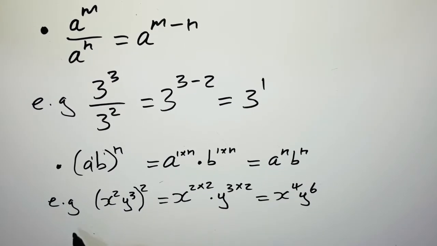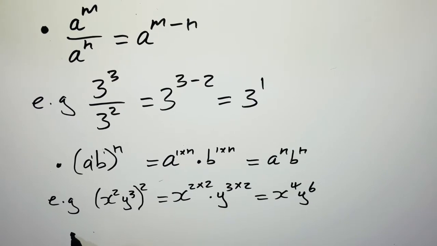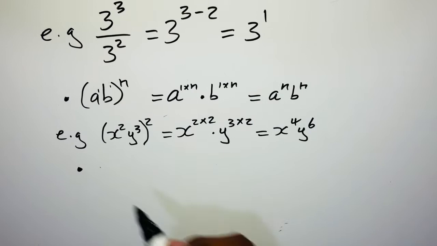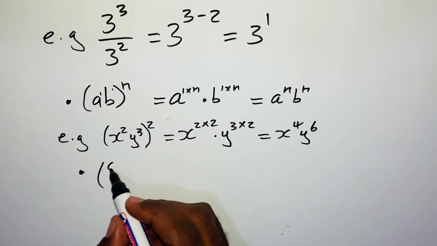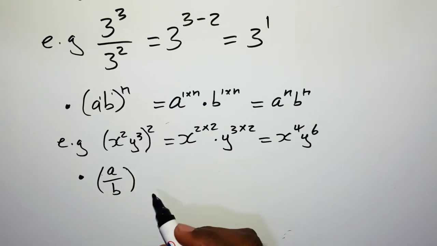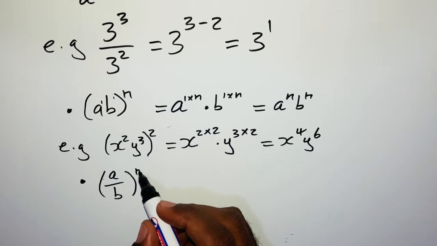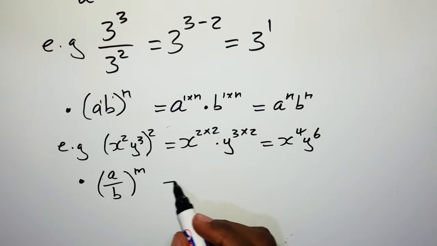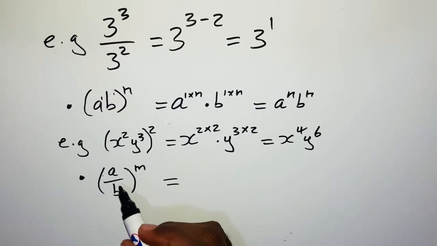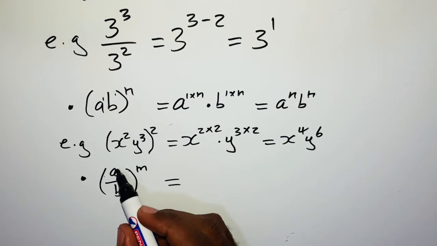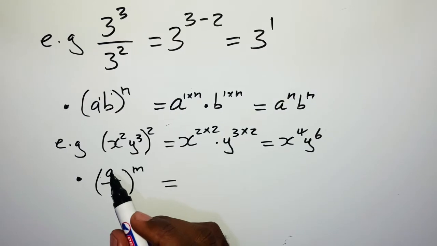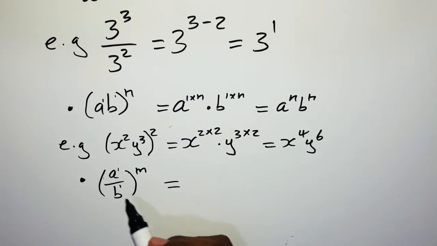Then we go on to our fourth law, which states that if you were to have a over b to the m, this m is for both the exponents of a and b, of which this a is to the 1 as much as this b is to the 1.